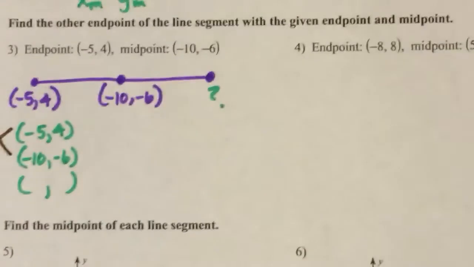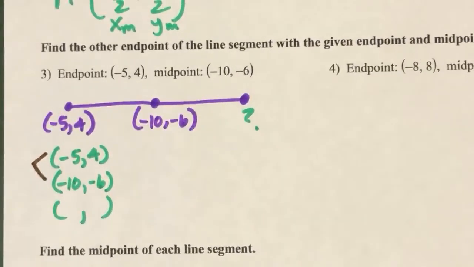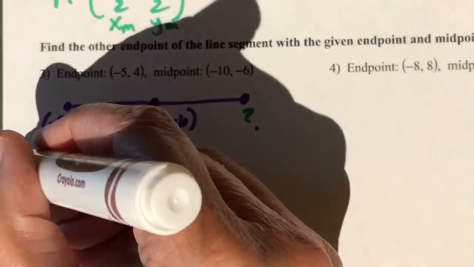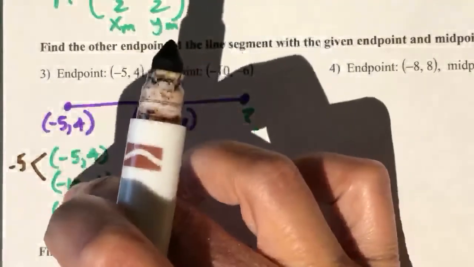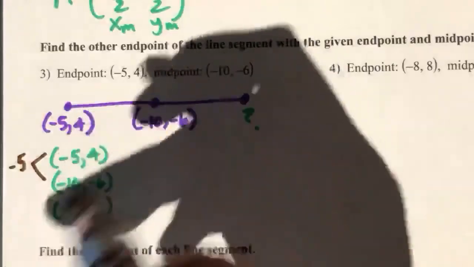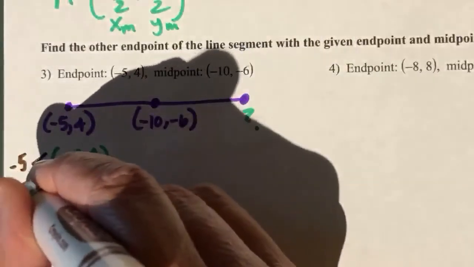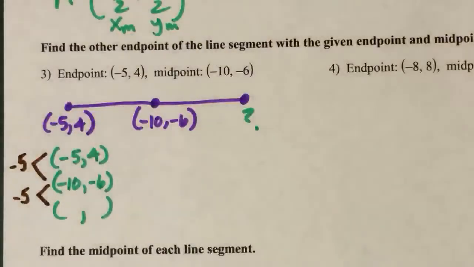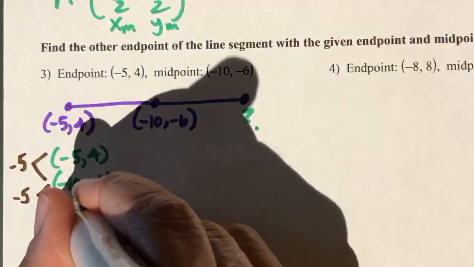I'm trying to move this ever so slightly without messing up the camera. Oh, there we go. I subtracted 5 because I moved from -5 to -10. I went to the left 5. So in order to stay exactly in the middle, I have to go 5 more in that same direction. So my next point is going to be at -15.